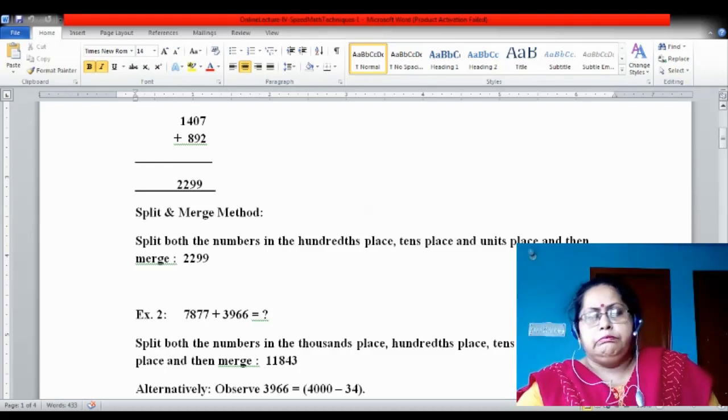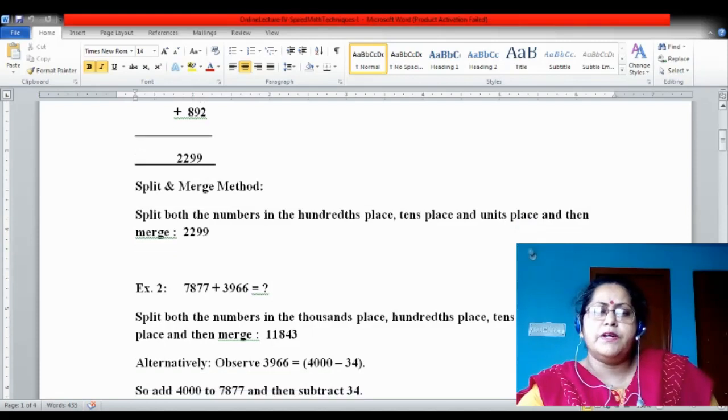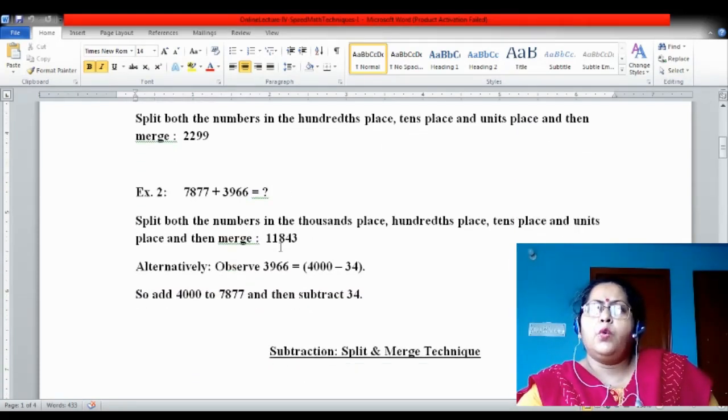So if we have observed that 3966 is 4000 minus 34, then we can do it further quickly. 7877 plus 3966, that means I just directly add 4000, so it is 11,877 minus 34. So 77 minus 34 is 43, so we get the answer again, 11,843. Okay, so this can also be an alternative procedure. Now which one to follow?